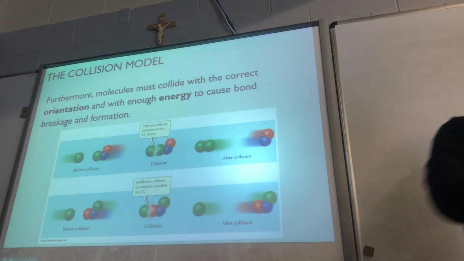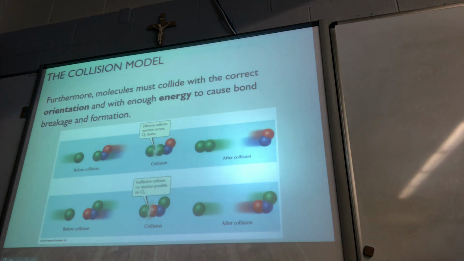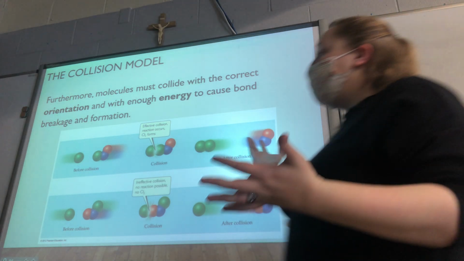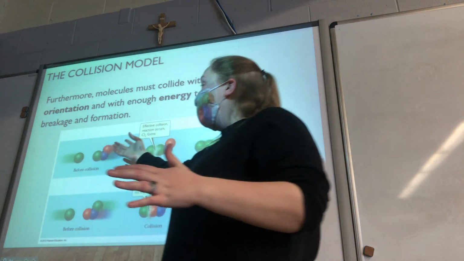Okay? Now, when it comes to collisions as well, think three-dimensional problems. If they do not collide in exactly the correct way, in other words, if their orientations are not pointed in the right directions, then the reaction cannot occur the way it's predicted. So here we see a very basic example. We see one molecule coming in to interact with another one.